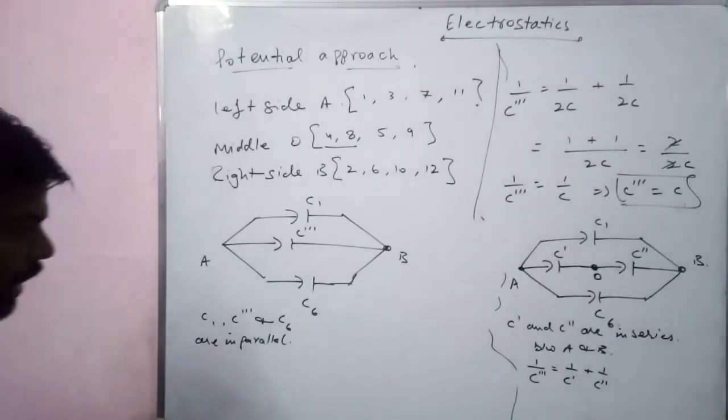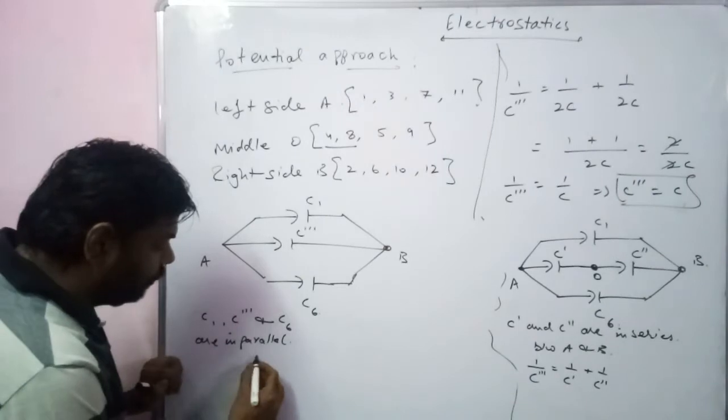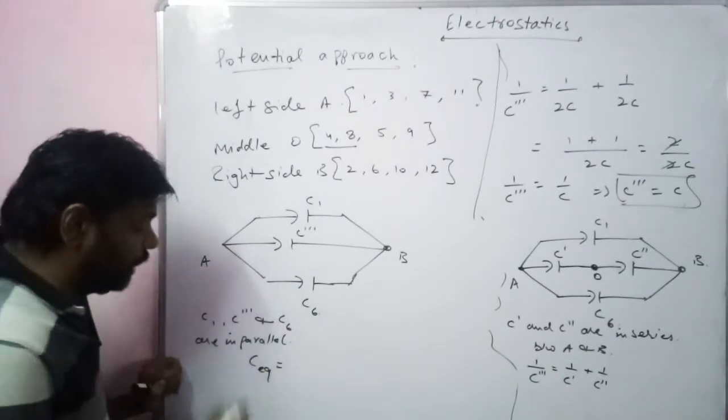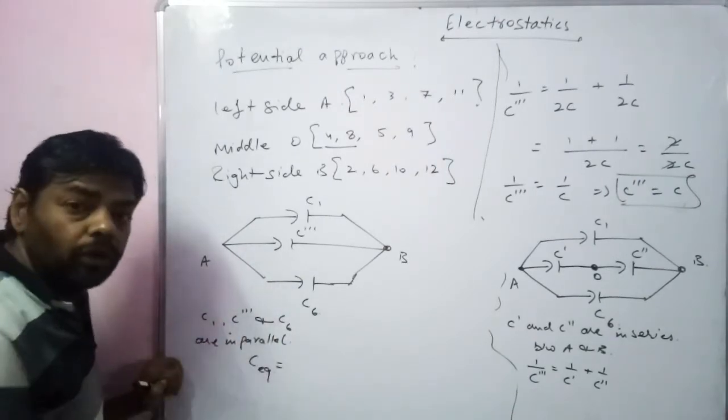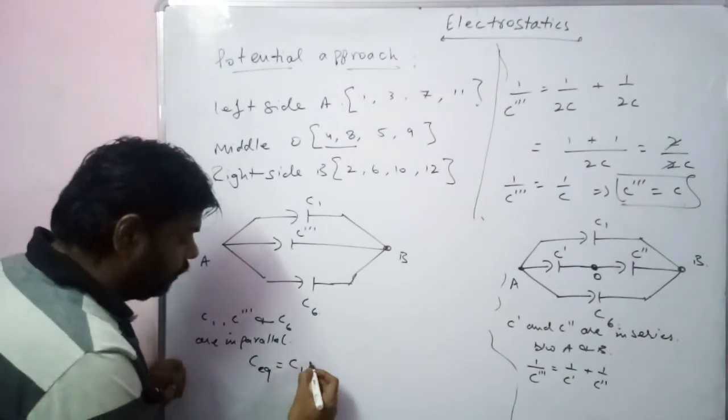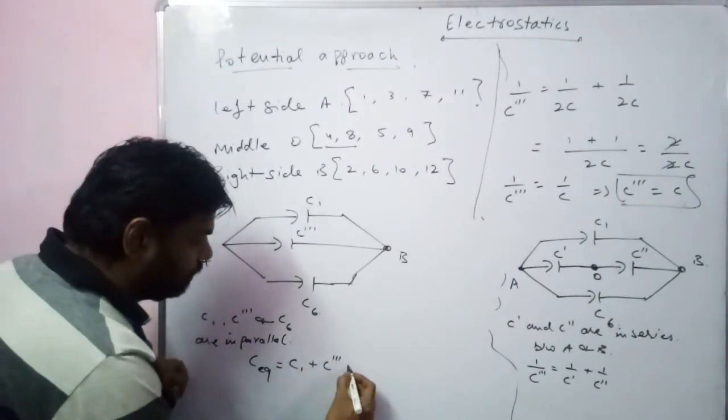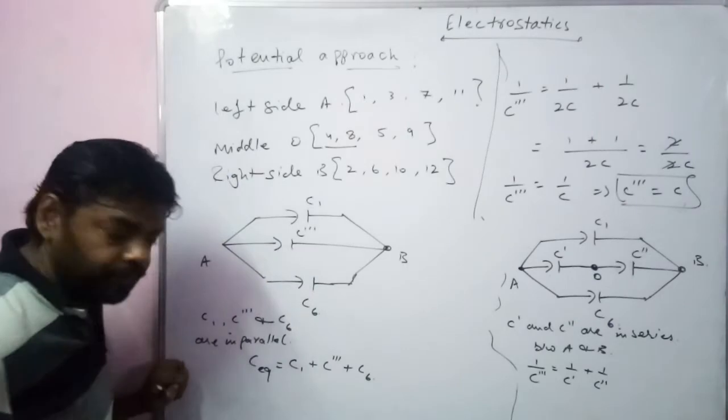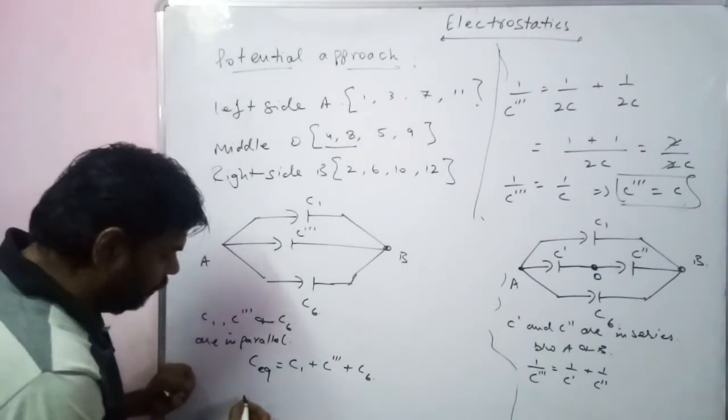Now let us do the calculations. Suppose C equivalent is the equivalent of all these three capacitors. So C1 plus C triple dash plus C6.